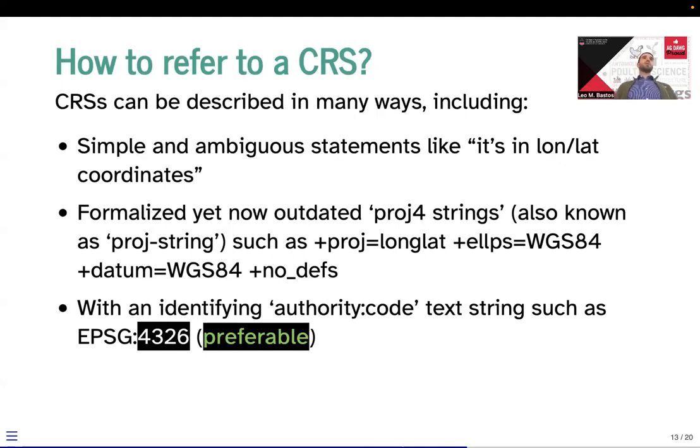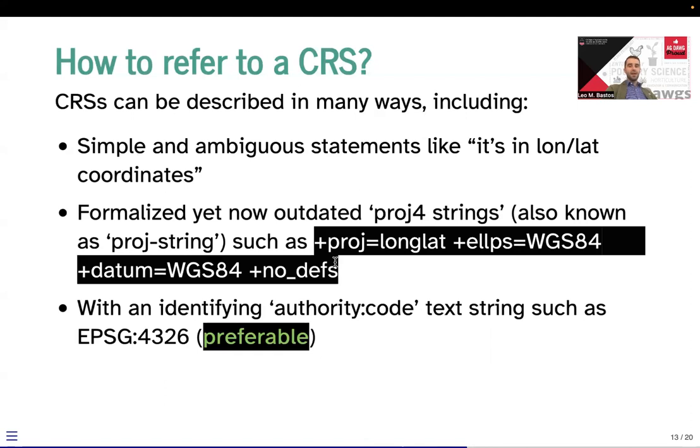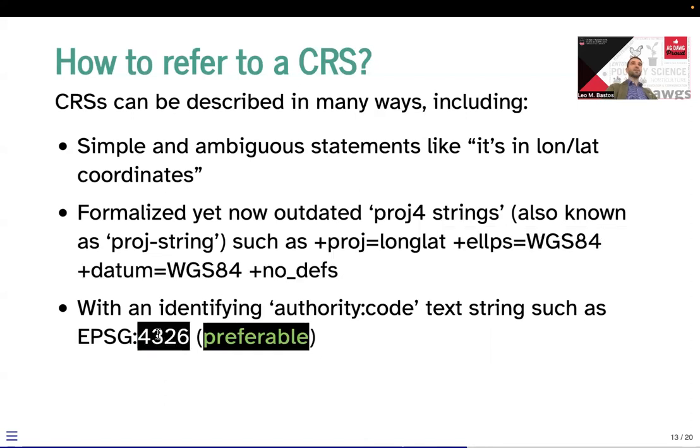My class is not about memorizing things, but I do want you to remember that this is the most used EPSG code that you're going to see in any geospatial analysis. 4326 is the EPSG code for WGS84. So now instead of giving software this whole string, I can just say 4326, and it knows what I mean.